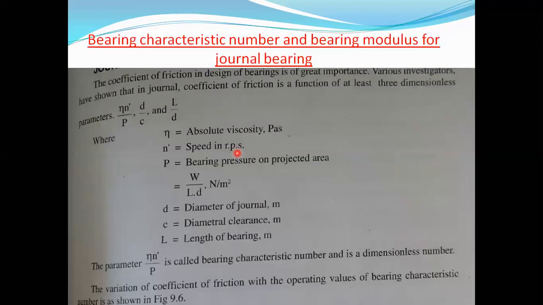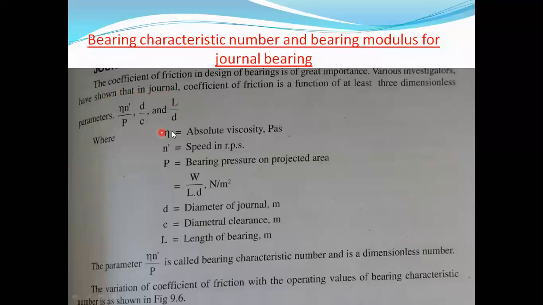Next we will see the bearing characteristic number and bearing modulus for journal bearing. The coefficient of friction, mu, depends upon three dimensionless parameters: eta N' by p, d by c, and l by d.